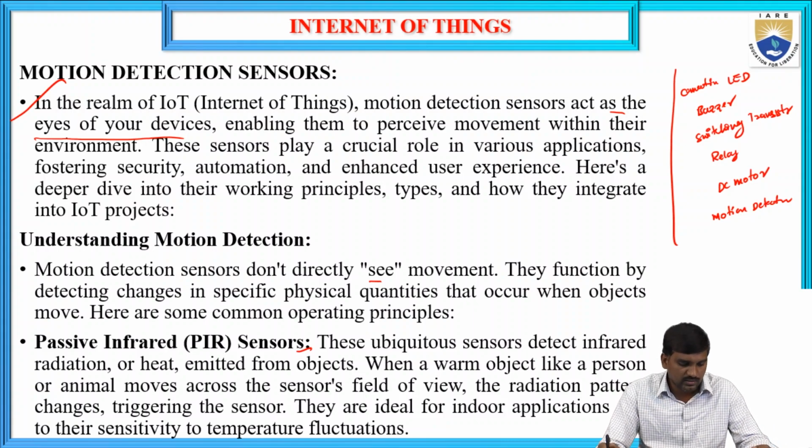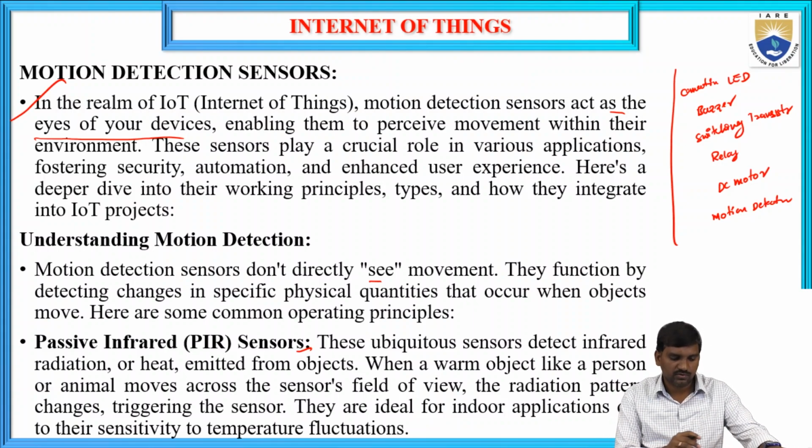Passive infrared sensors. These ubiquitous sensors detect infrared radiation or heat emitted from objects. When a warm object like a person or animal moves across the sensor's field of view, the radiation pattern changes, triggering the sensor. They are ideal for indoor applications.